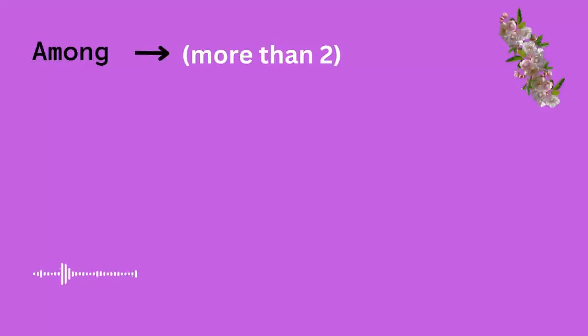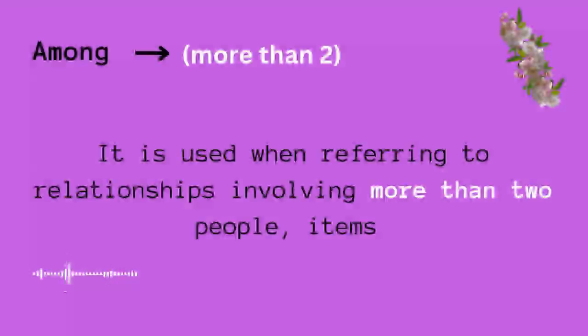So you need to use among when you speak about more than two things. As it says in here, it is basically used when referring to relationships involving more than two people, two items, and things like that. So this is basically the difference between these two prepositions.